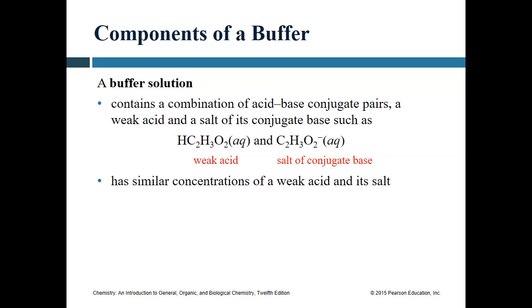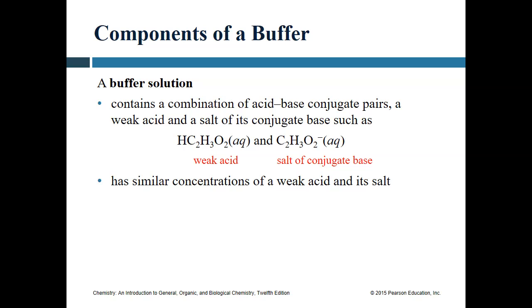A buffer is able to regulate pH because it contains a combination of what are called conjugate pairs. So if you remember from the video, I talked about the idea that you could find a characteristic mate on the other side of the equation that was different by an H plus, one direction or the other. So water had hydronium on one side and water on the other.